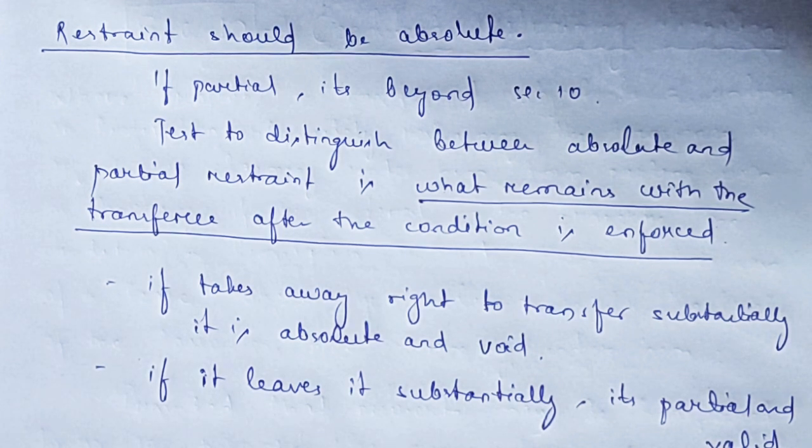If it takes away the right to transfer substantially, then it is absolute and void, but if it leaves it substantially, then it's partial and valid. So absolute restraint must be there. If it is partial, then the condition will be valid.